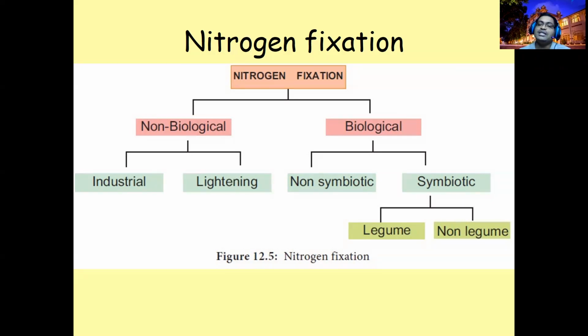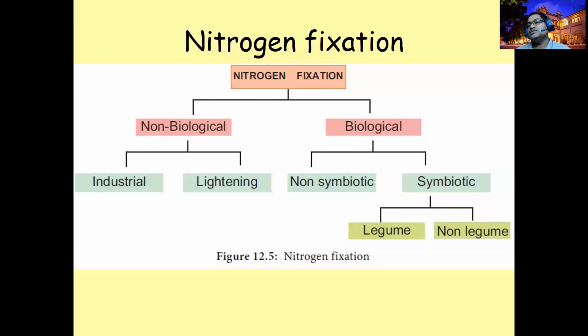So, nitrogen fixation. You would have studied the nitrogen cycle in secondary school and even at advanced level. Nitrogen fixation can be divided into non-biological nitrogen fixation and biological nitrogen fixation. Non-biological nitrogen fixation includes industrial nitrogen production, industrial ammonia production, and lightning.